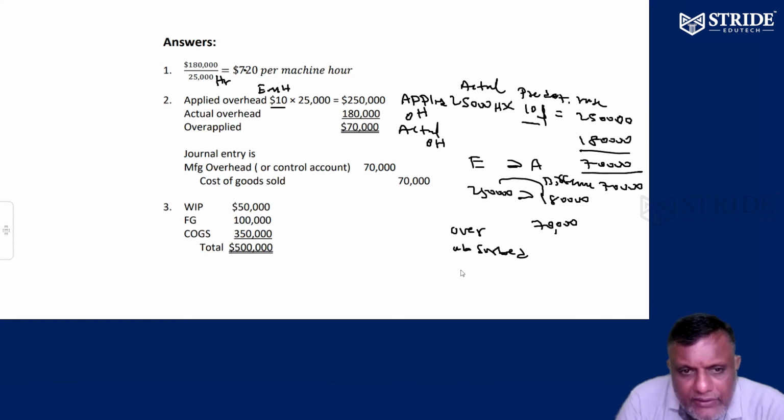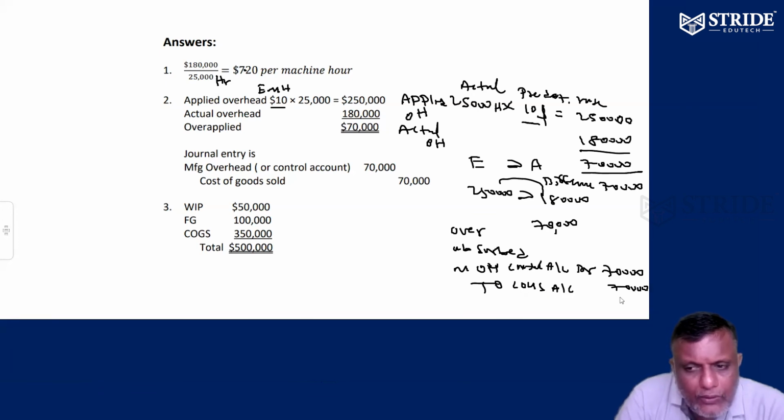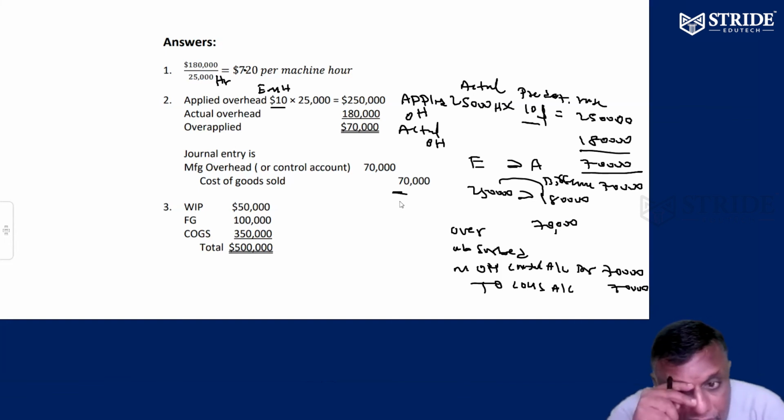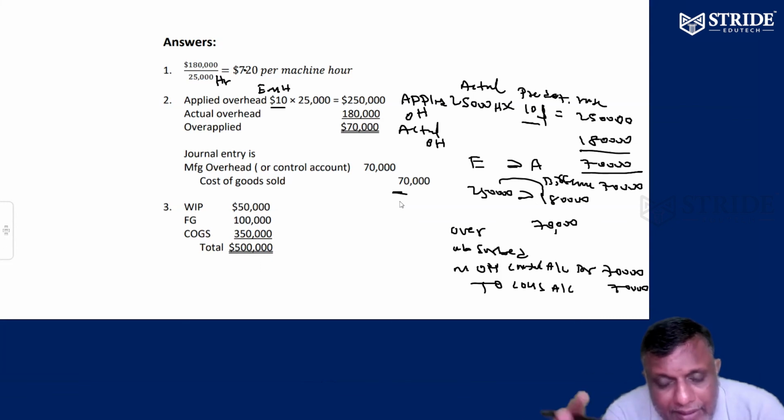So the entry for this: manufacturing overhead control account debit to COGS, equivalent to $70,000. Over absorption leads to profit only; anyway, the cost has to be reduced.